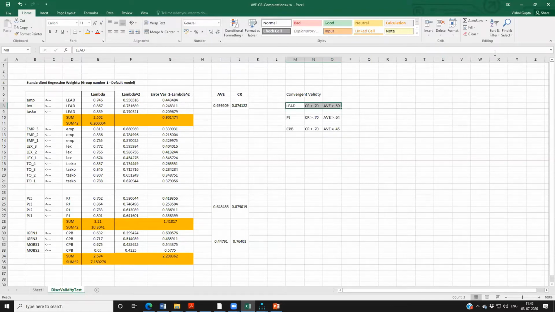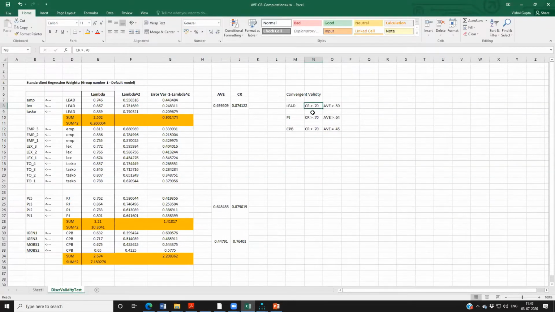Now it may so happen, actually in my experience, that your CR may come out to be greater than 0.7, but AVE may actually be less than 0.5, just like what we have. So don't worry at that point. If you have reported CR, you will also report your Cronbach's alpha.